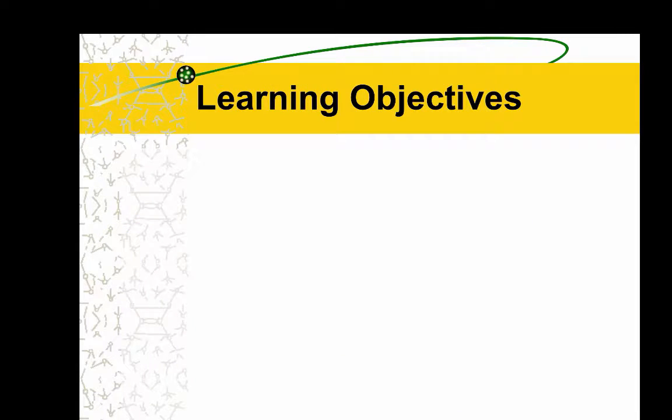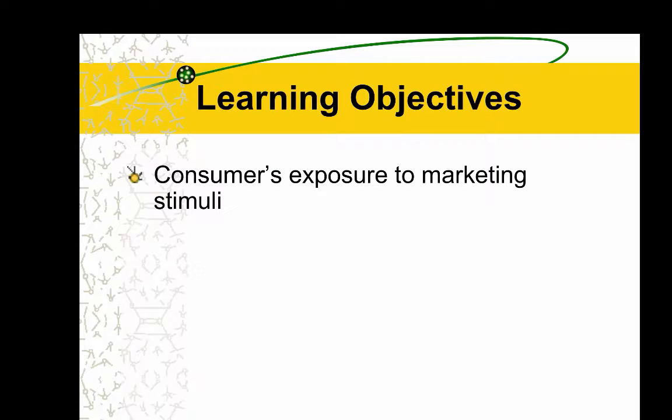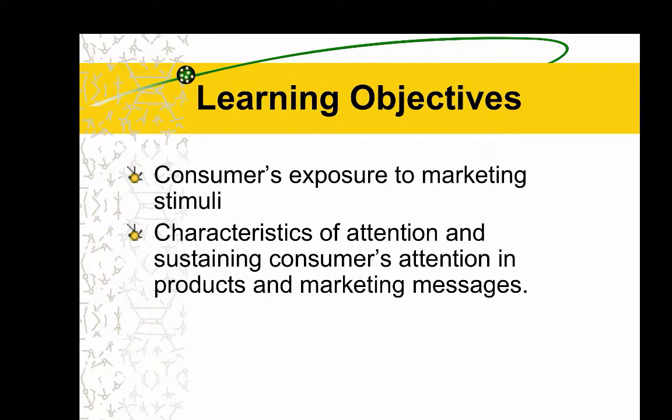The learning objectives for this chapter are: discuss why marketers are concerned about consumers' exposure to marketing stimuli and what tactics they use to enhance exposure. Explain the characteristics of attention and how marketers can try to attract and sustain consumers' attention to products and marketing messages.